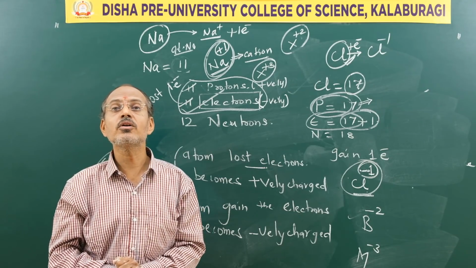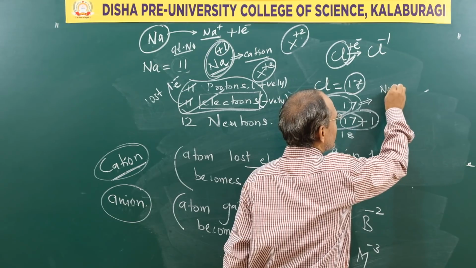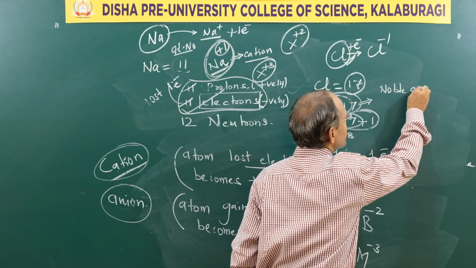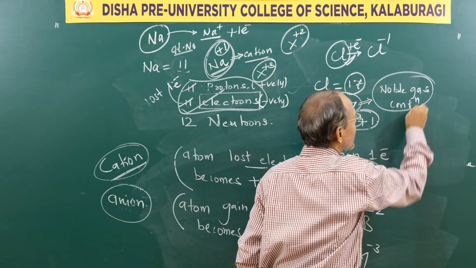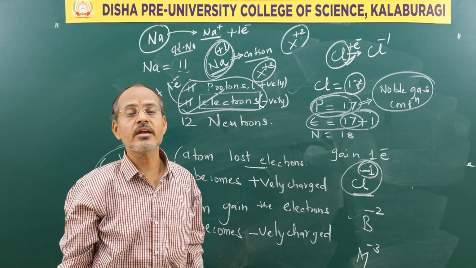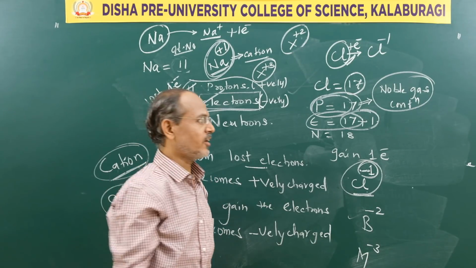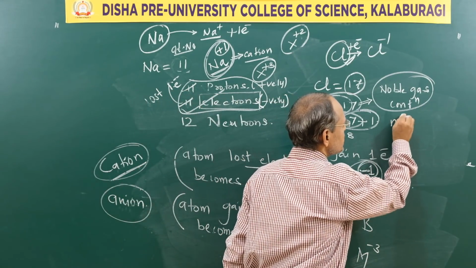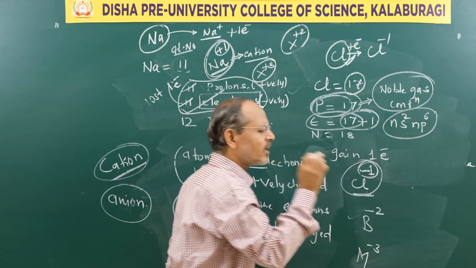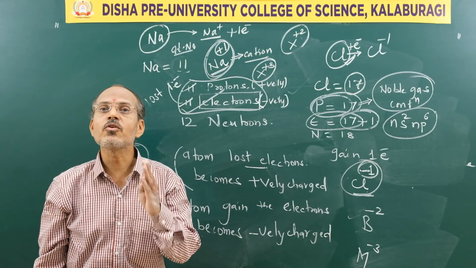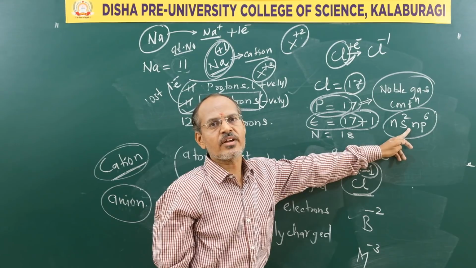Because they want to attain noble gas configuration, or you can say octet electronic configuration, and that is ns2 np6 configuration. Every element wants to have ns2 np6 configuration.